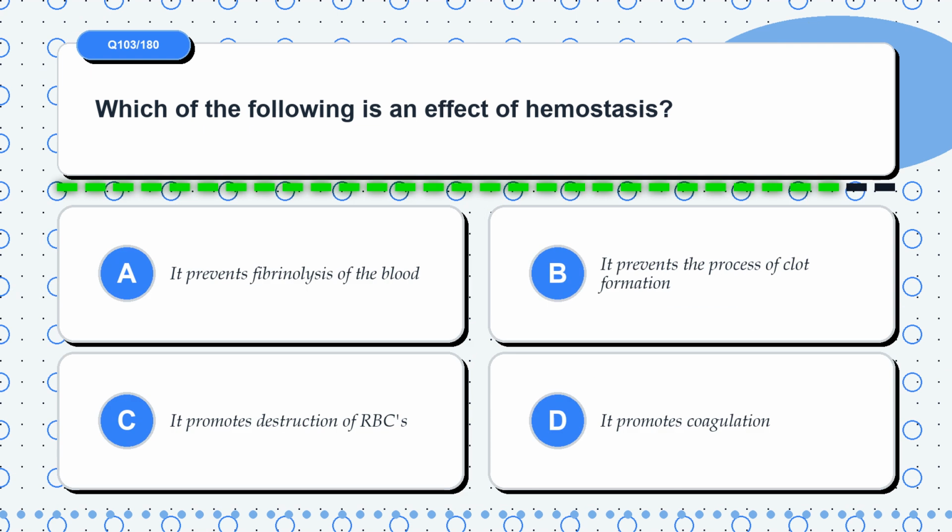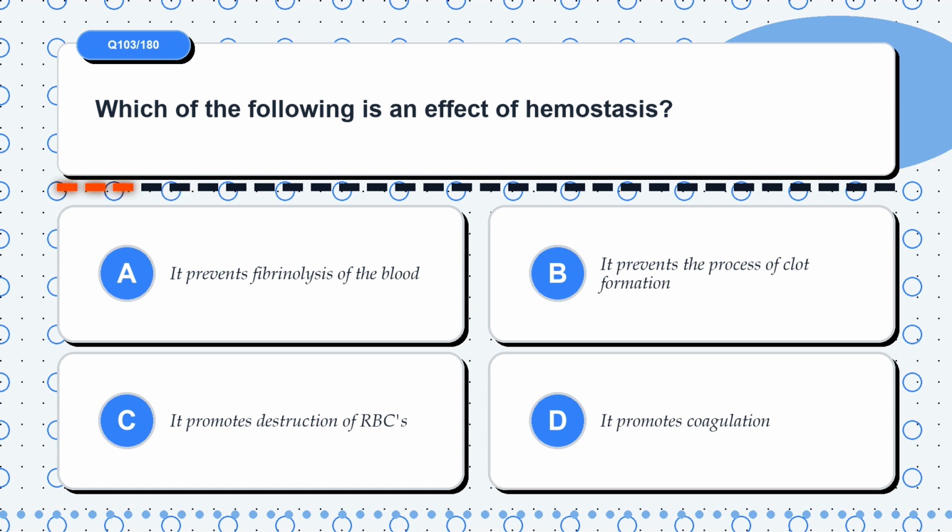Question 103. Which of the following is an effect of hemostasis? Here are the options. Option A. It prevents fibrinolysis of the blood. Option B. It prevents the process of clot formation. Option C. It promotes destruction of RBCs.